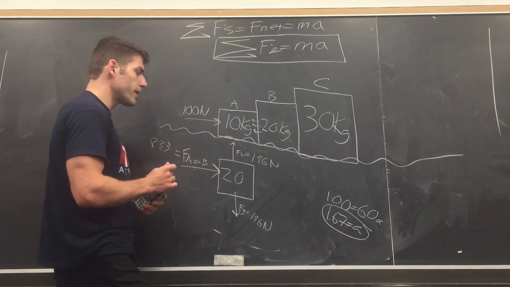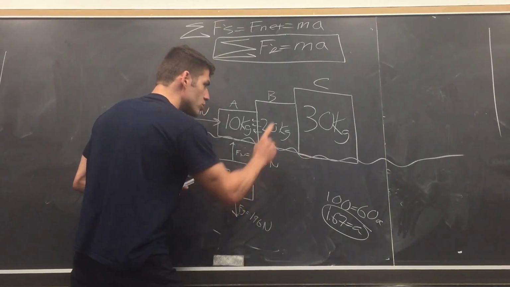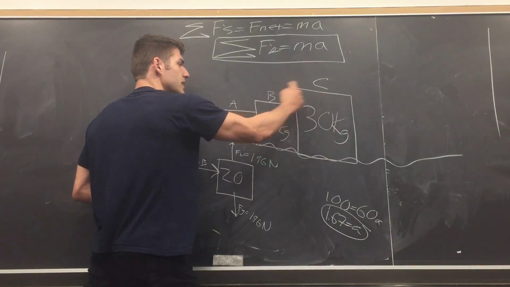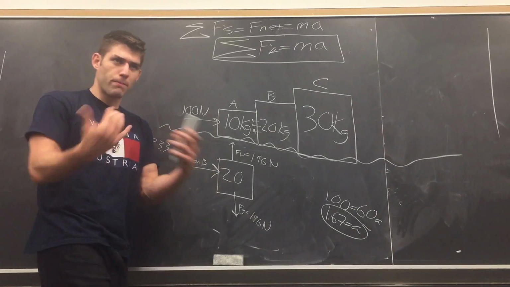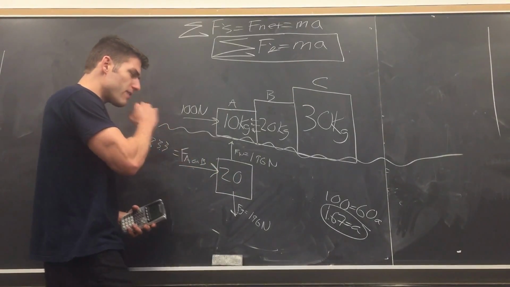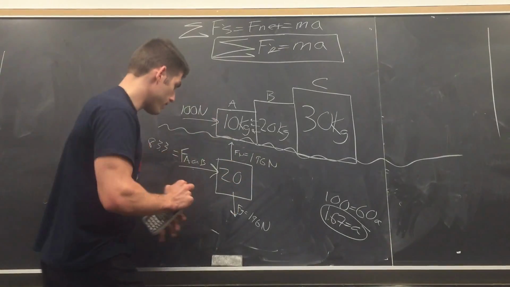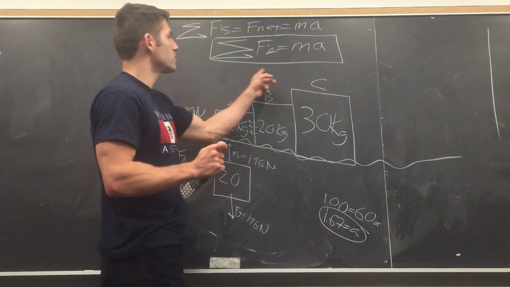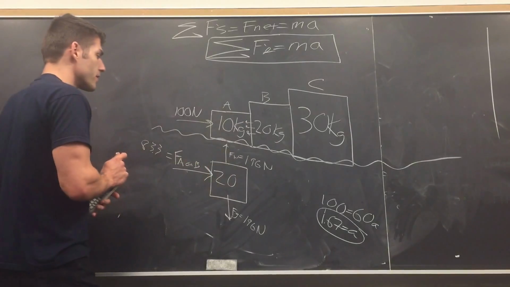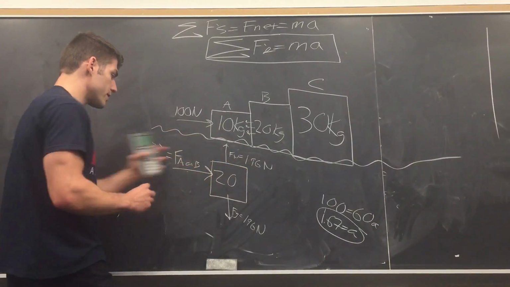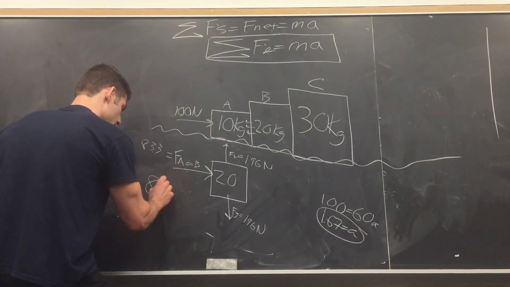So again, we're going to assume that there's a force of C on B. But even if we didn't assume that, we could prove that mathematically. If I assume that there was no other force, like I'm done with my free body diagram for block B, I could say, okay, cool, let's use our super awesome master formula which solves everything. Let's say 83.3 is the only force going in the x direction.